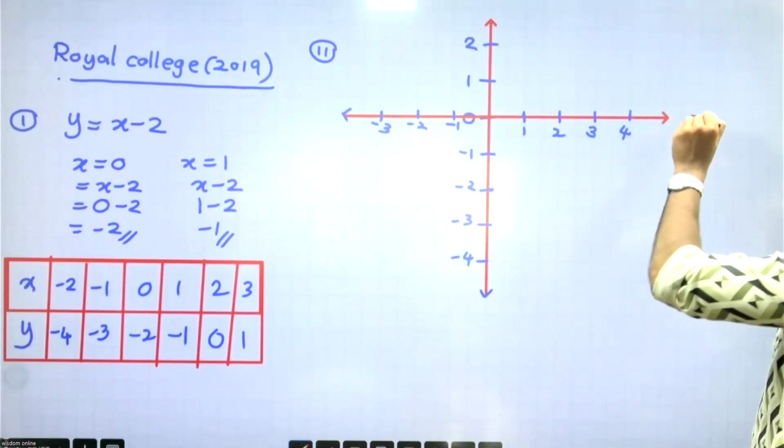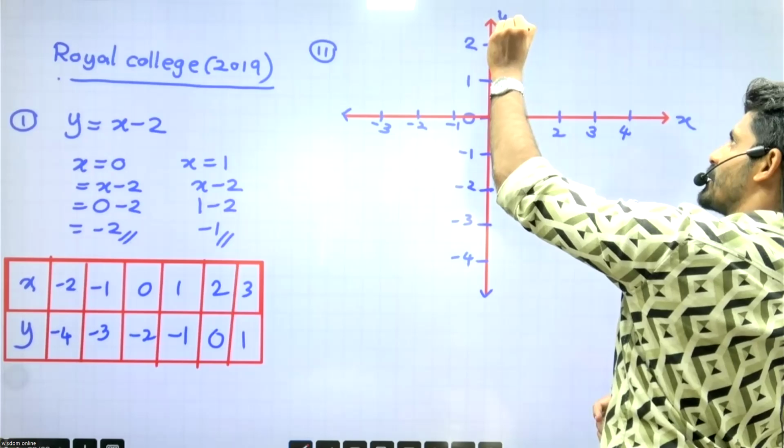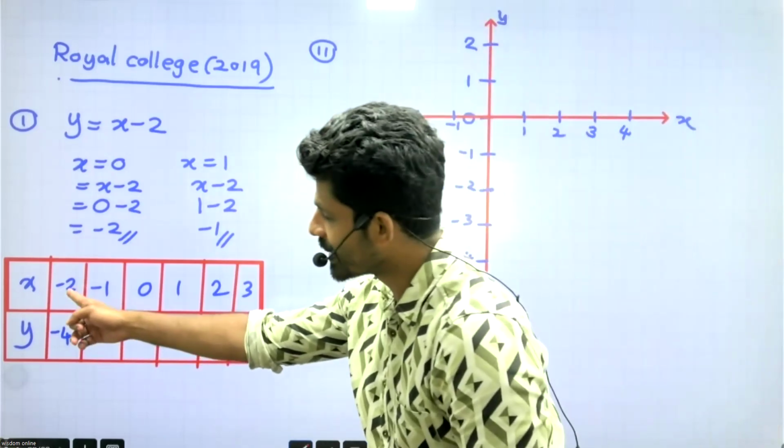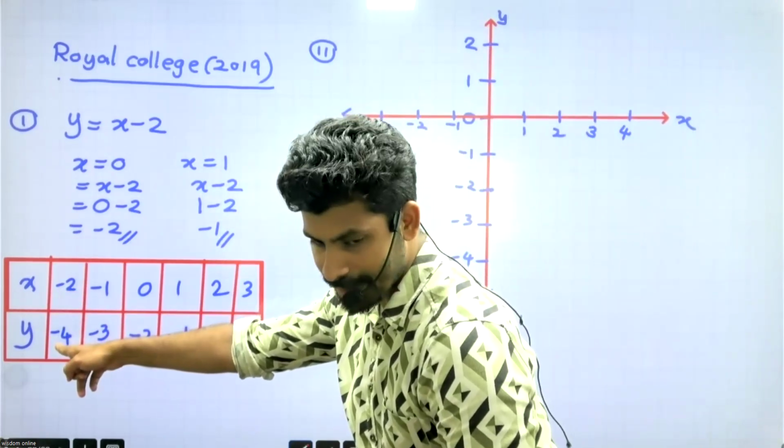Right, okay? Then you need to mark x, this one as y. Then how to mark the first point? Minus 2 to minus 4.